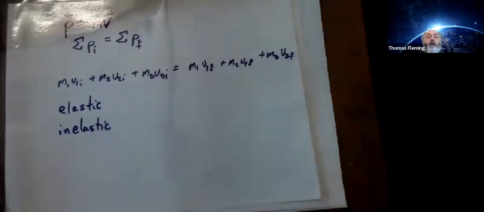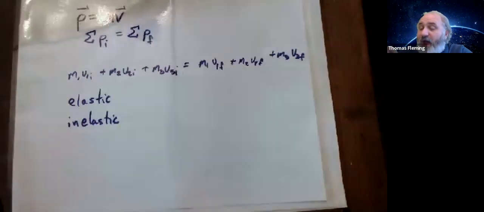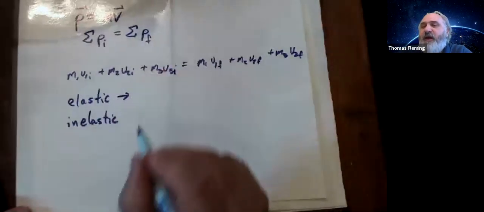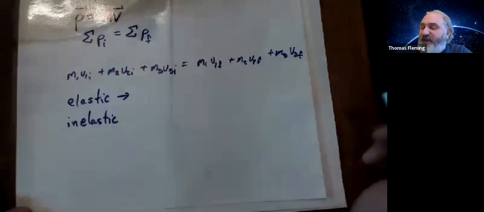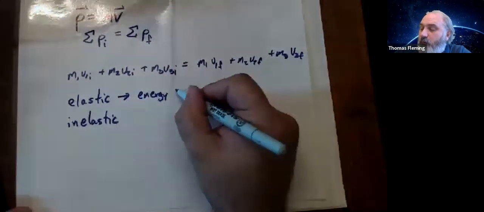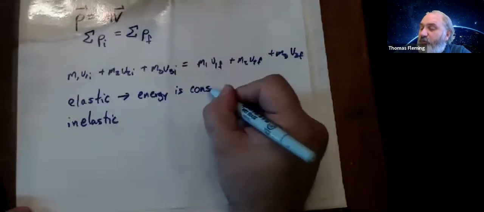Now, when I say that a collision is elastic, what I mean is that in addition to this being true, because this will always be true, I also have an extra arrow in my quiver, an extra piece of information that might help me fill in a blank. And that's that the energy before is the same as the energy after. The energy is conserved.